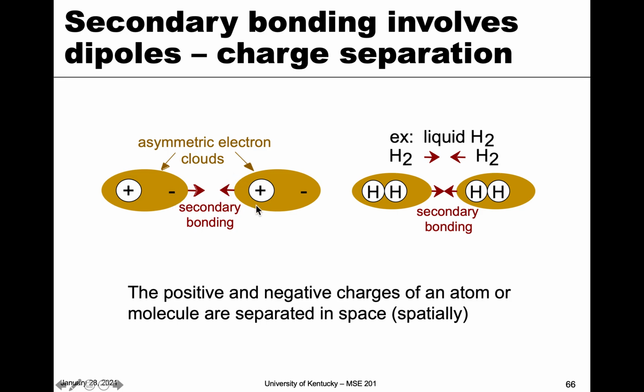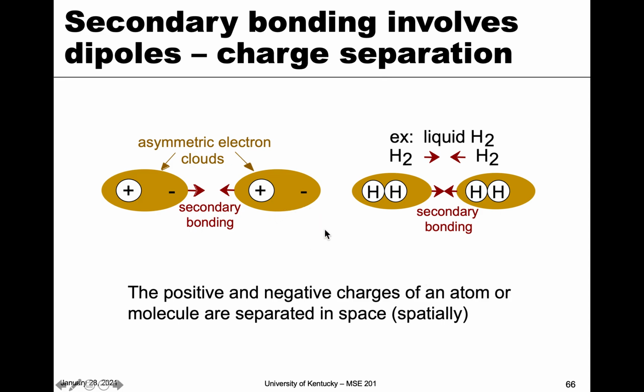And that's going to give us a bond between those, that Coulombic force between those two dissimilar charges. Same thing we saw with ionic bonding. However, the nature of a dipole here is a little bit different. Dipoles occur a lot of times for a very short time. We'll talk in the next slides about dipoles a little bit more.